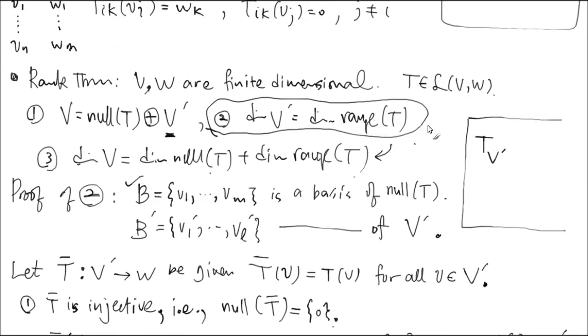So what's behind this statement is really that range of T is the same as range of T bar, which is restricted on that smaller part. You're going to get everything just with this V prime. You don't have to deal with that if you want to. Does that make sense? That's the rank theorem. Any question? No?